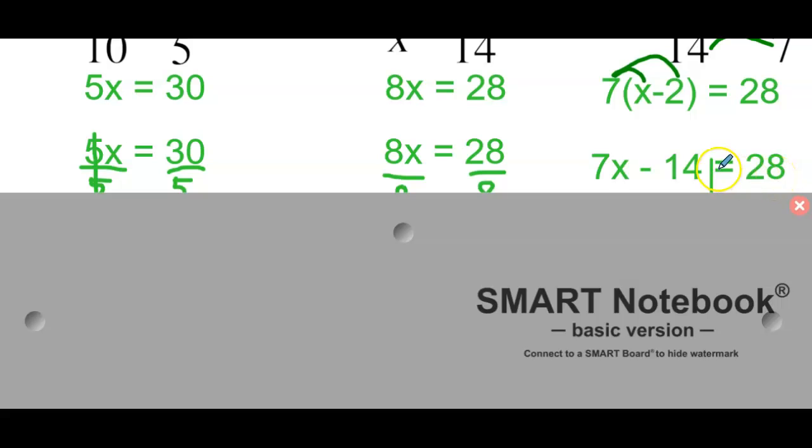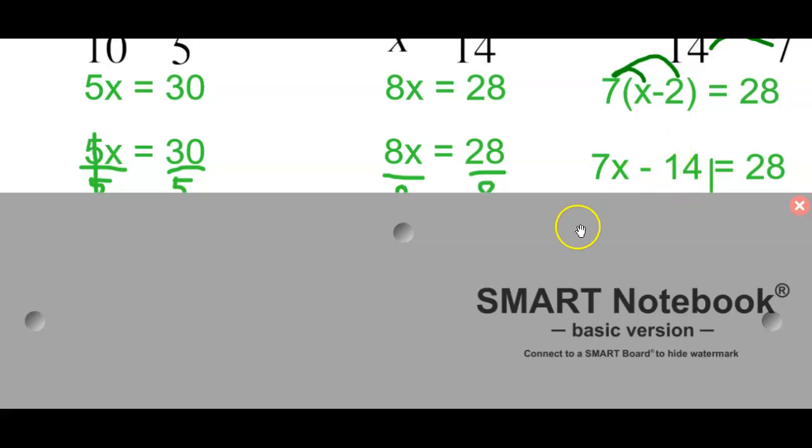I bring that down. Now, I need to know what x is equal to. So I have to undo this. What's happening with the 7 and the x's multiplication, the minus 14? There's addition and subtraction, so I've got to go up PEMDAS to figure this out.